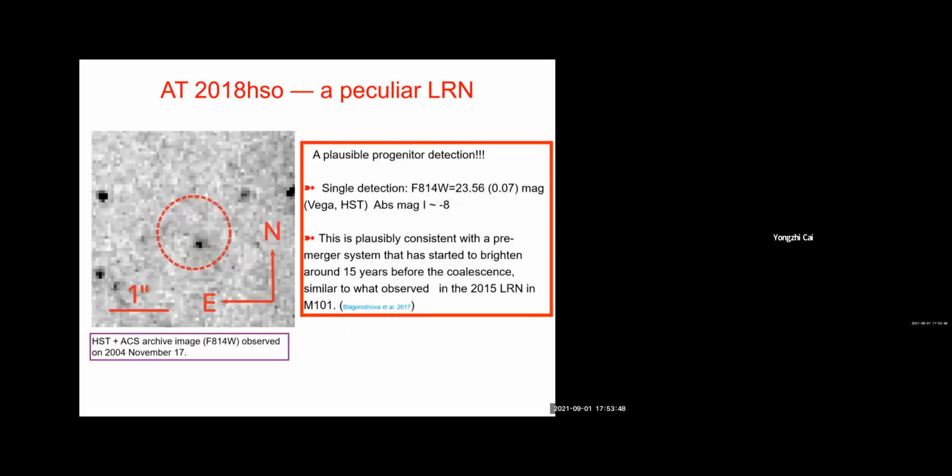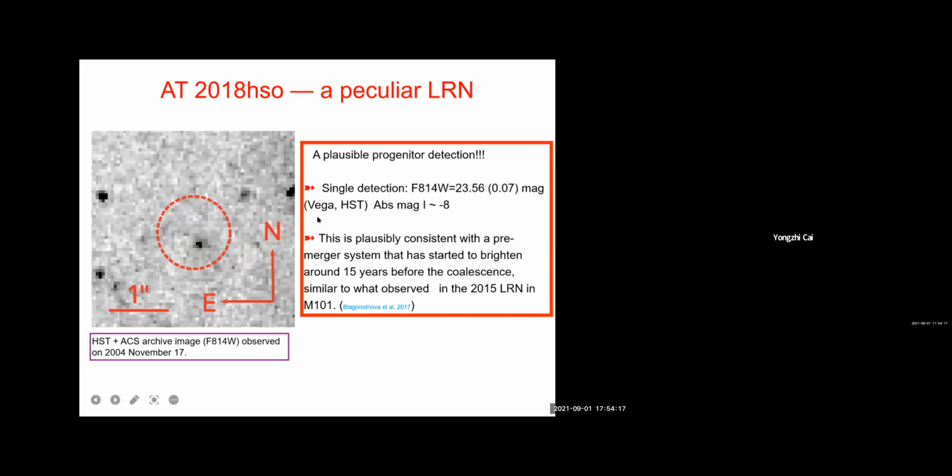In addition to the photometry and spectroscopy, we also investigated the Hubble Space Telescope archive images. This image was observed on 2004 November 7, about 15 years before the main outburst.